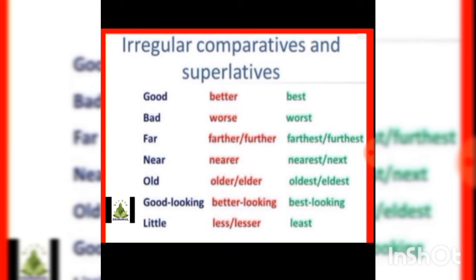So children, understand these words are called irregular comparatives and superlatives. It means the words don't follow the rules. They are called irregular adjectives.